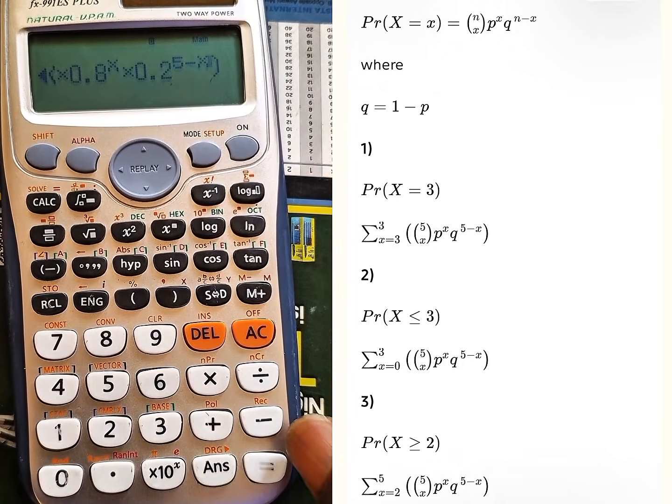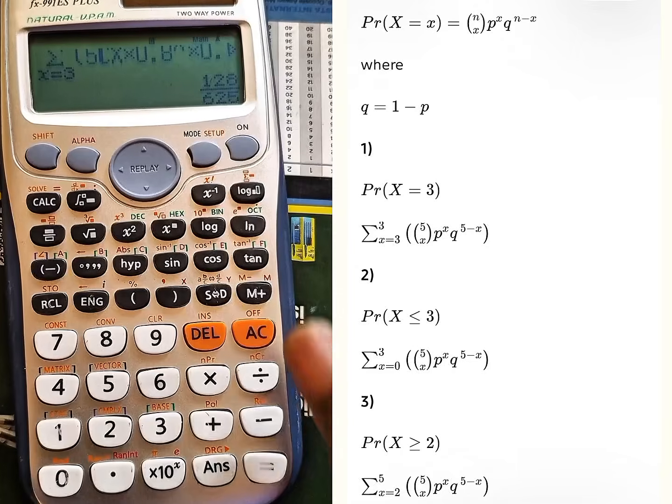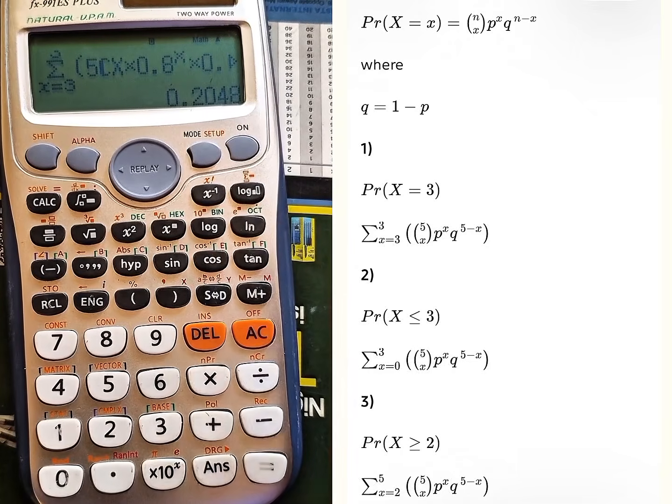The next thing to do is to press the equals sign. Our answer is given as 0.2048. So that is how to calculate the probability for getting exactly 3 people in part 1.